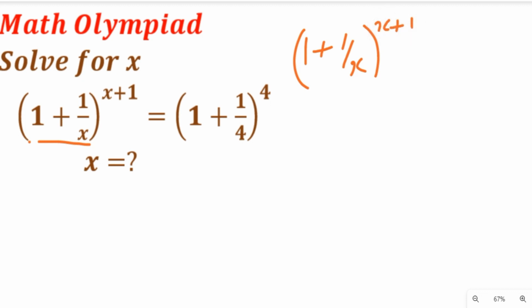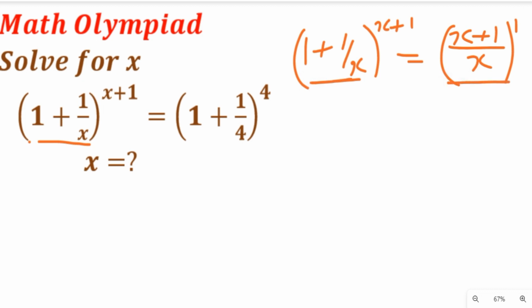Now if we simplify this expression, it can give us x plus 1 divided by x. Now if we look at this very well, we are going to arrive at this to the power of 1 if we simplify this.